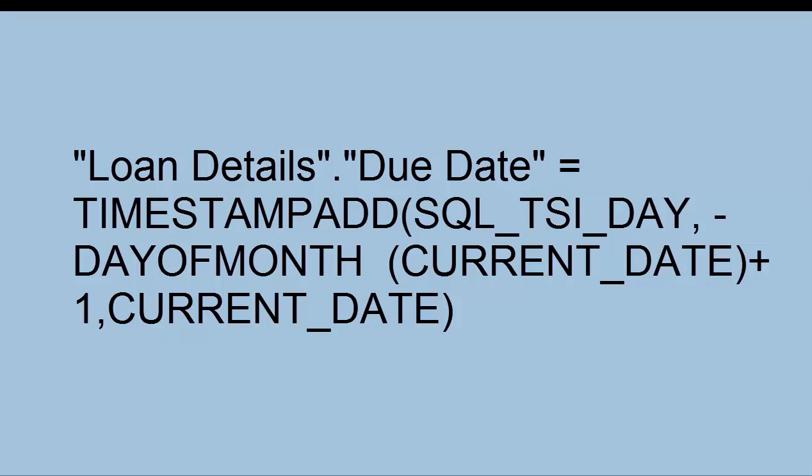Let's break it down. We know it is using days as the basis for counting back. It is using the SQL function day of month to count back. If today is July 22, then 22 is day of month. So it counts back 22 days from today, the current day.